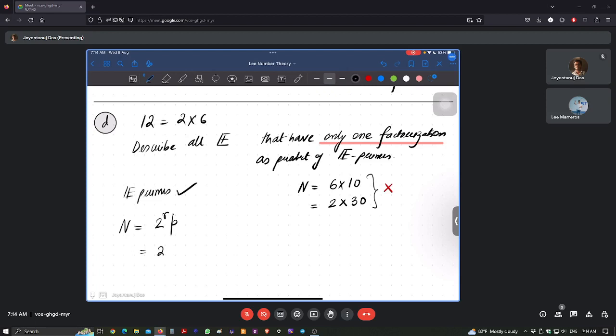That is 2 into 2 to the power r minus 1 into p. Or you can do the other way around. Here, if r is greater than or equal to 2, then it will have exactly one E prime factorization.